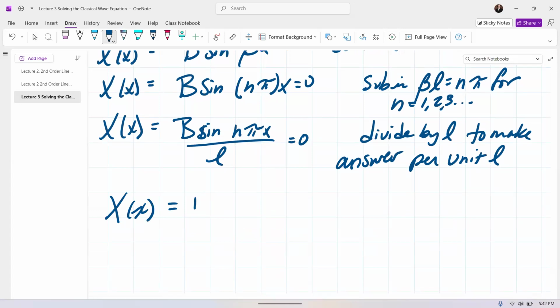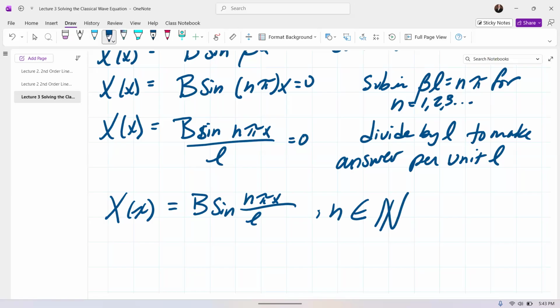B sine n pi x over L, that's from the step above, for n in N. What is that? You may or may not recognize these symbols.